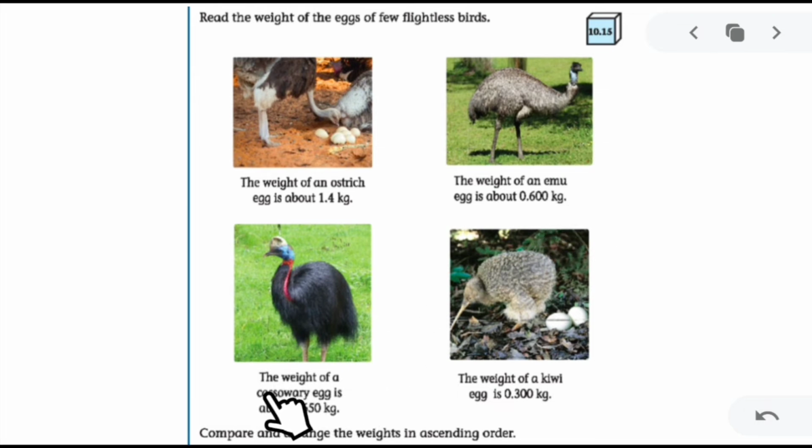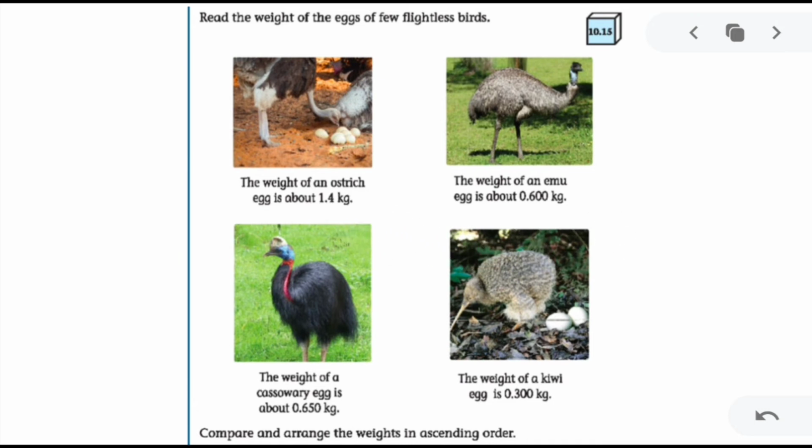The weight of a cassowary egg is about 0.650 kg, and the weight of a kiwi egg is 0.300 kg. Now we need to arrange all the eggs in ascending order. In ascending order, first we should change all the numbers. What is it? Yes, from unlike to like.